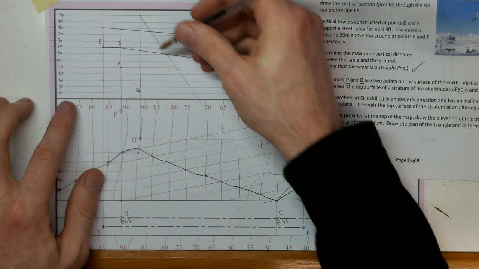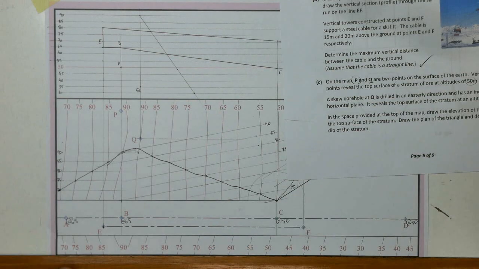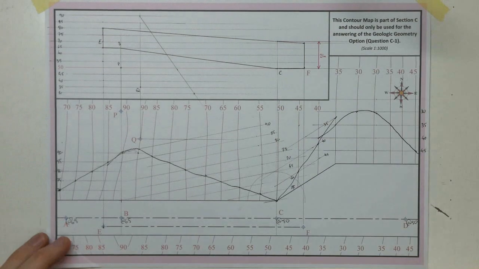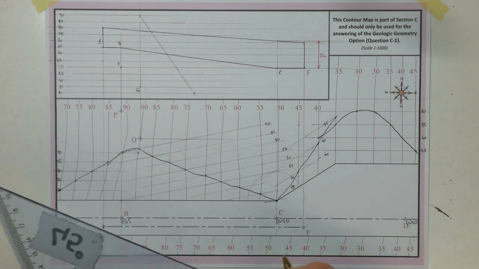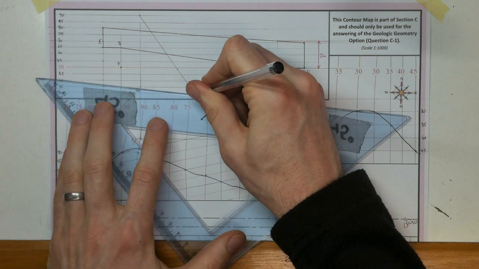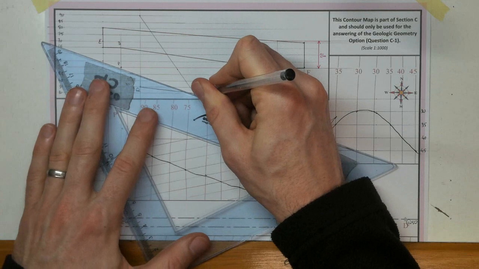As that comes down, it reveals another part of the stratum there at 30. So we've got our plane here now. We'll call that point 1, or X.